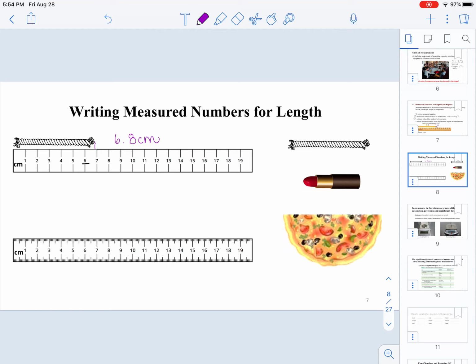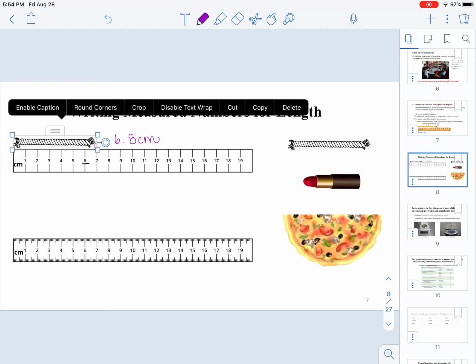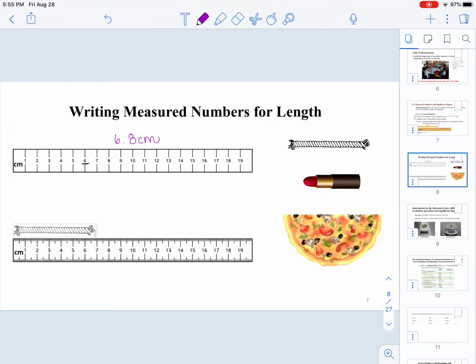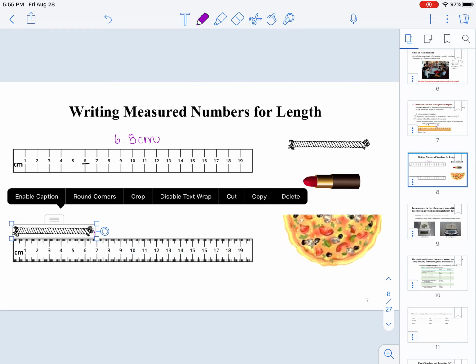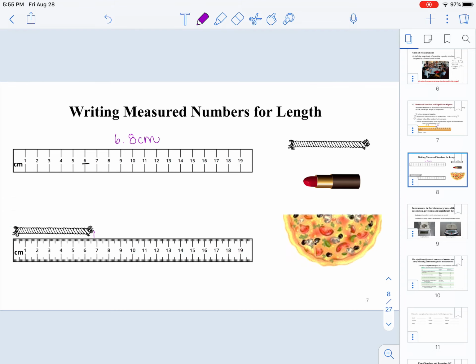Then if I take the same object and I use a different ruler, okay, let's say that I move it to the bottom ruler, and I take this measurement, as you can see, the bottom ruler actually has different tick marks, meaning that it has that first decimal place written in the instrument. What does this mean? That we have to take that into consideration as a known digit. So if I'm utilizing the bottom ruler to measure the same object, then I'm going to say, well, I know that it is at least 6, not quite 7, and it still looks like it's 6.8.